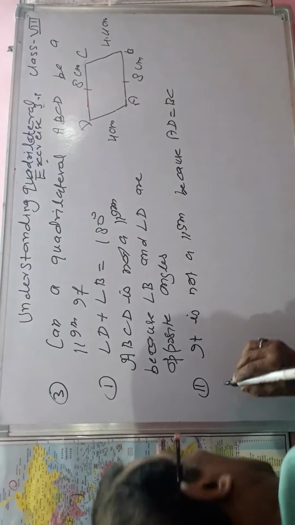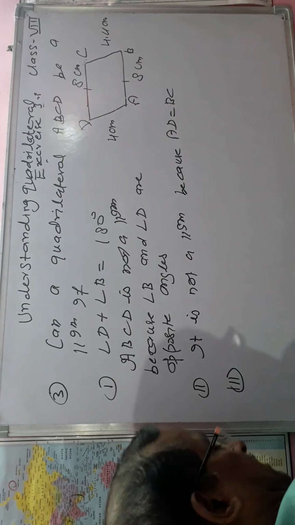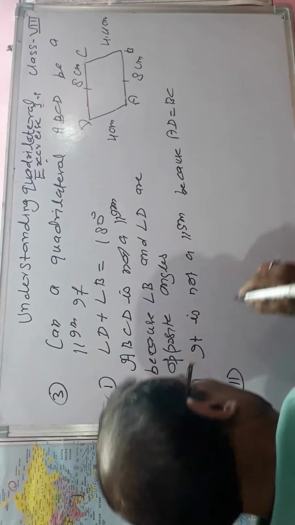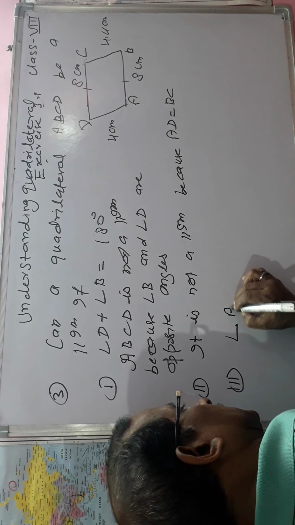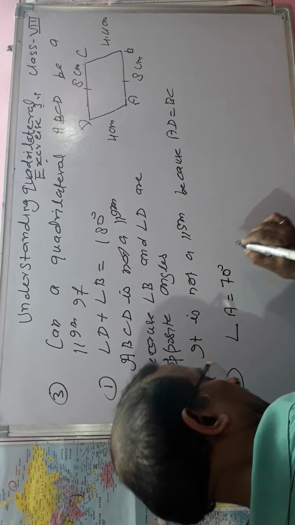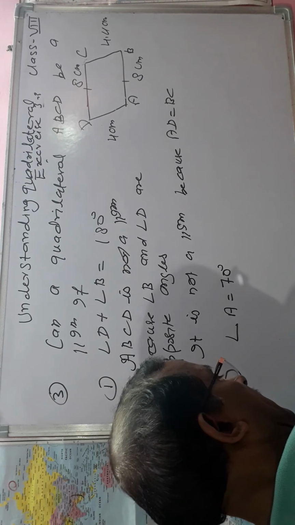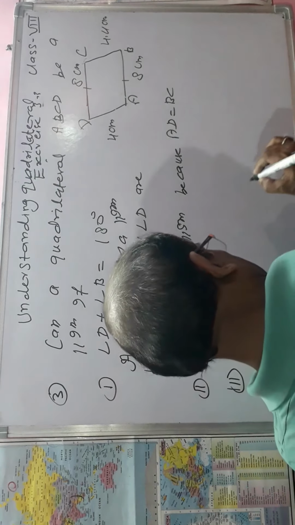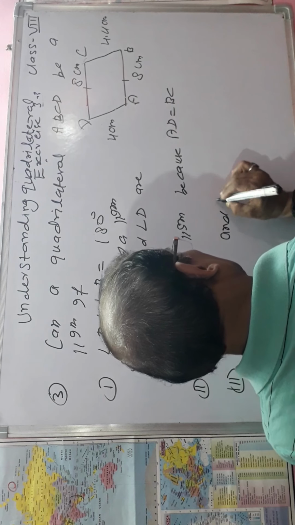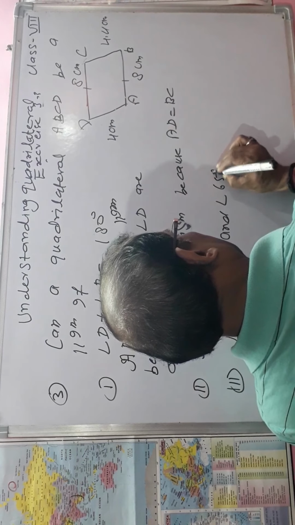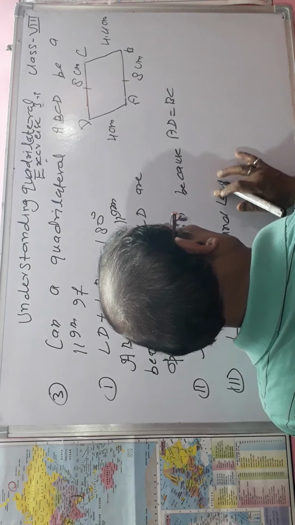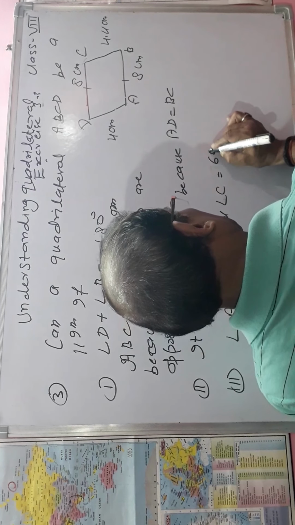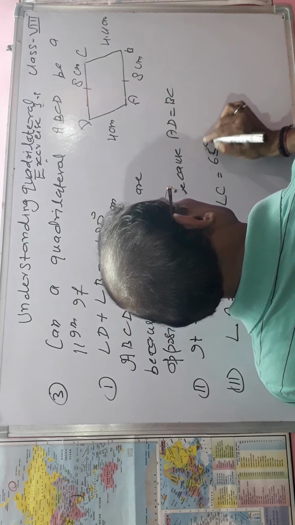So now third part of this question, angle A is equal to 70 degree and angle C is equal to 65 degree.